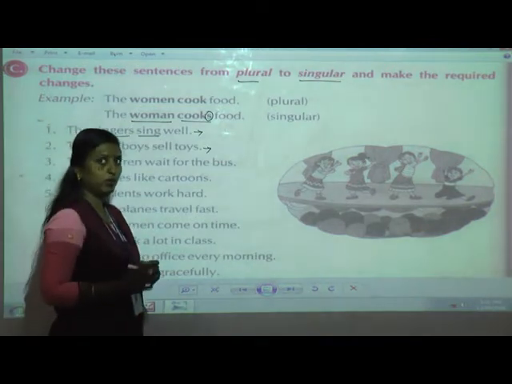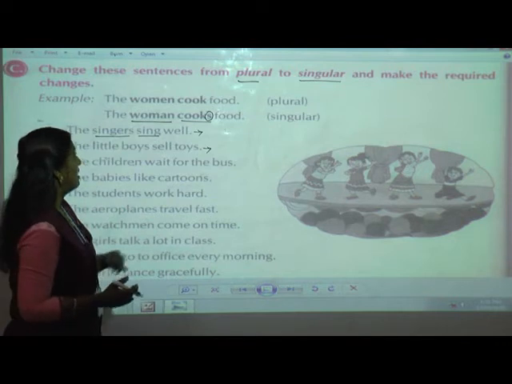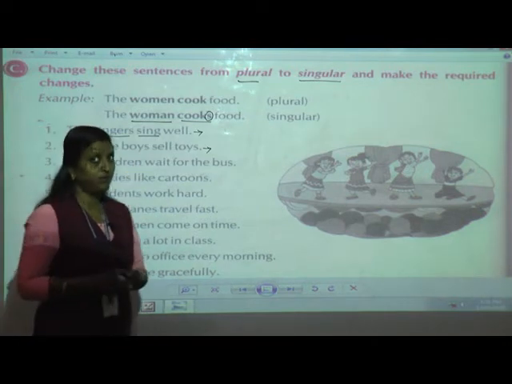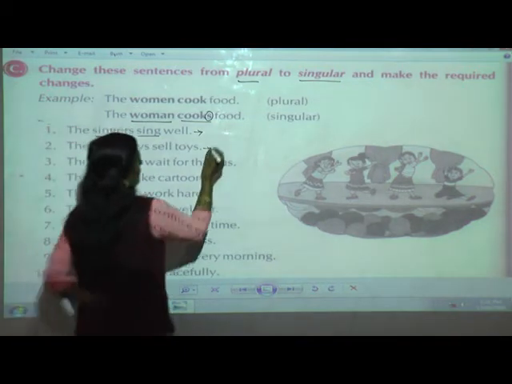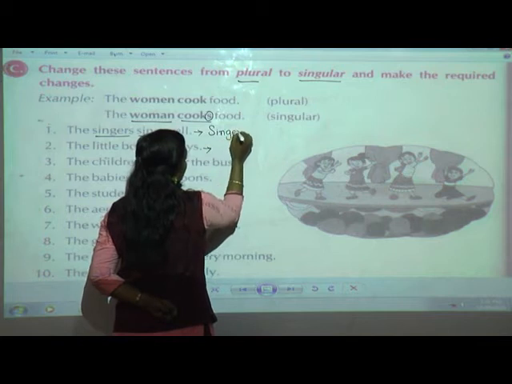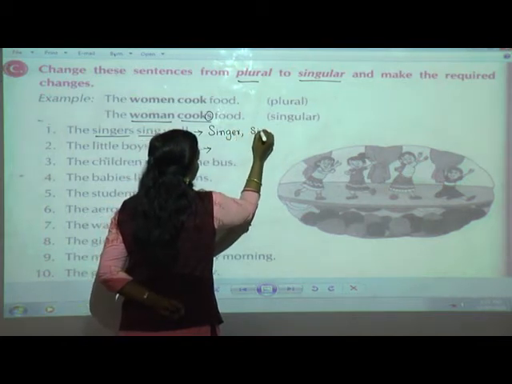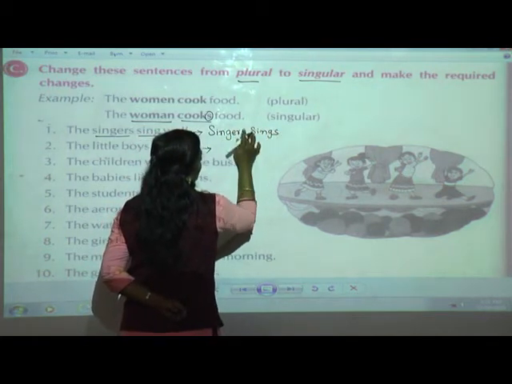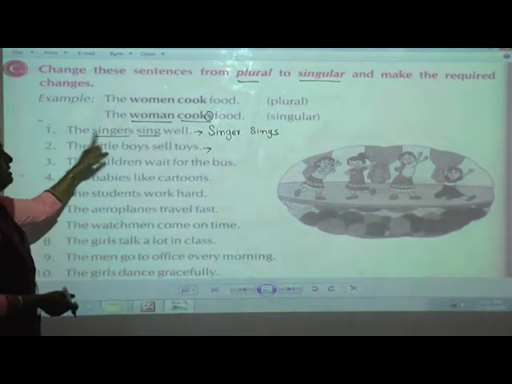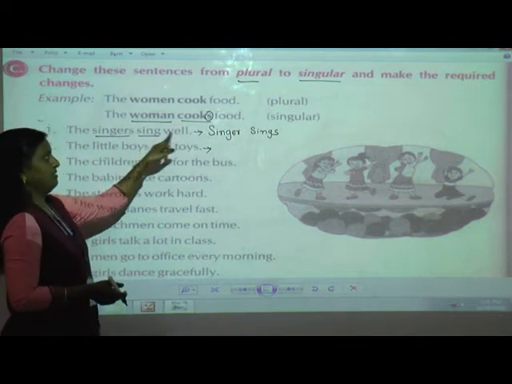Yes, it is in plural. I will make it singular, and when I make it singular, my verb will have s. So what will be the answer? The singer sings well. No need of a comma, write directly.